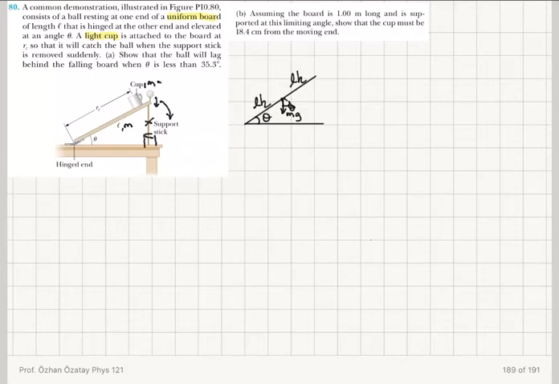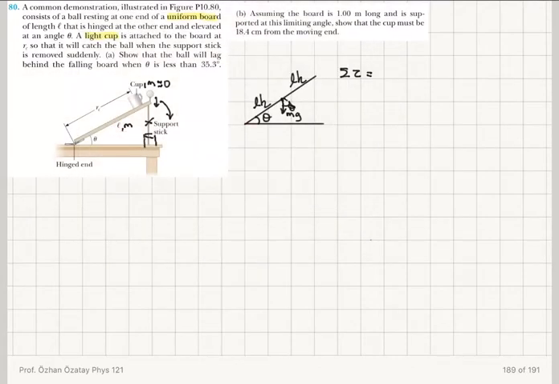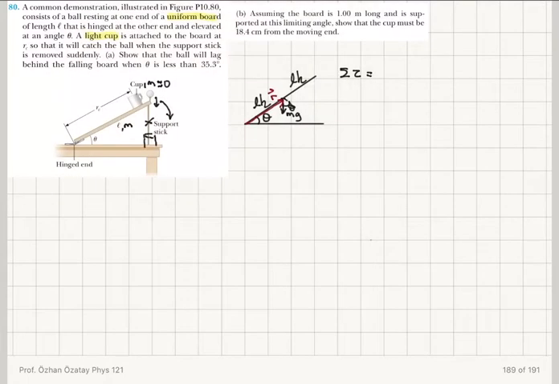Because the cup is light, we can neglect its torque. The mass is negligible, very, very small. So I'm going to assume that the net torque acting on this is going to come from the weight of the board.